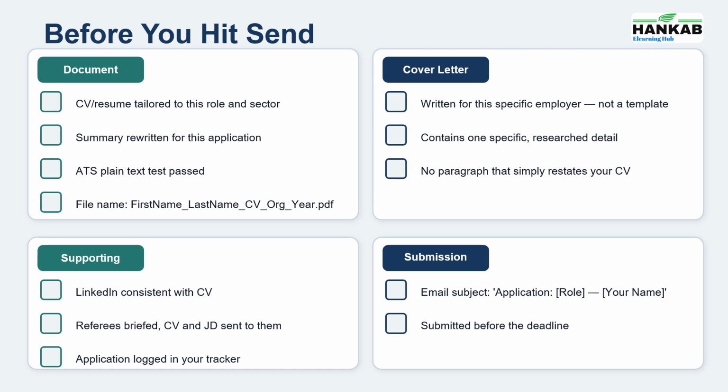Your file named Amina_Hassan_CV_UNICEF_2025.pdf is already more professional than the majority of what they receive before anyone has opened it. Use the format first name underscore, last name underscore, document type underscore, organization underscore, year.